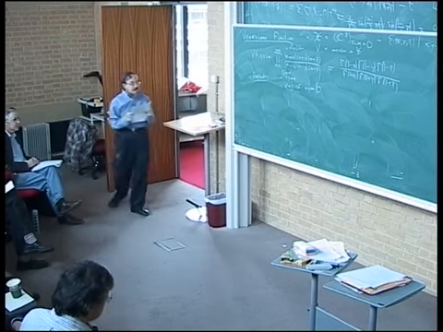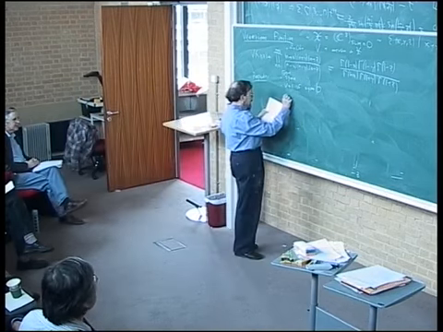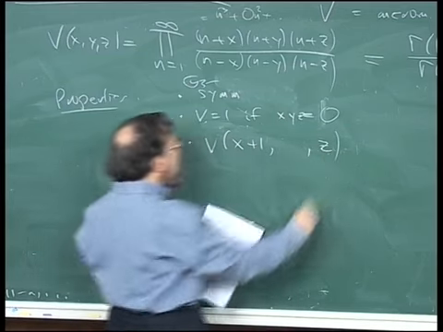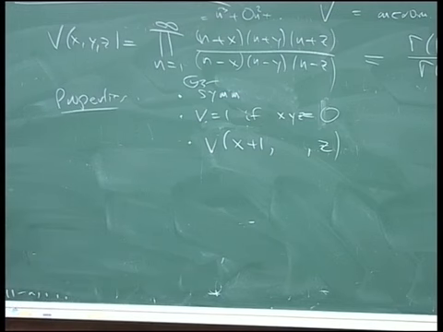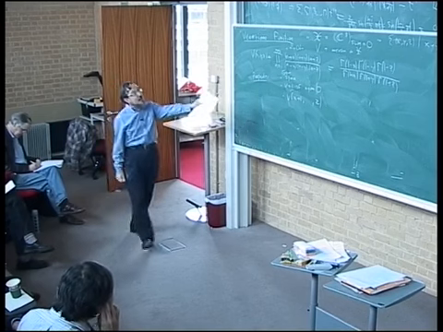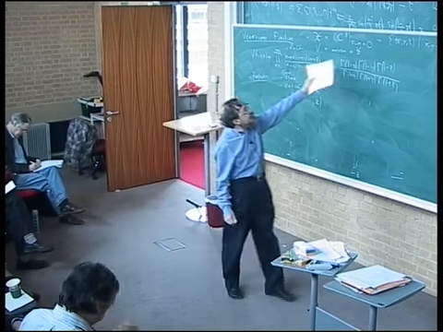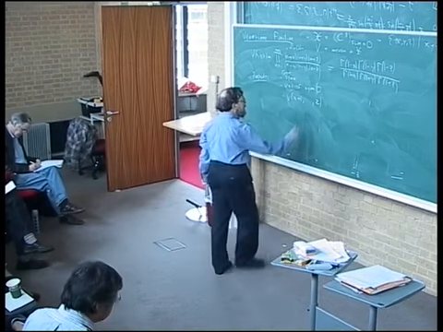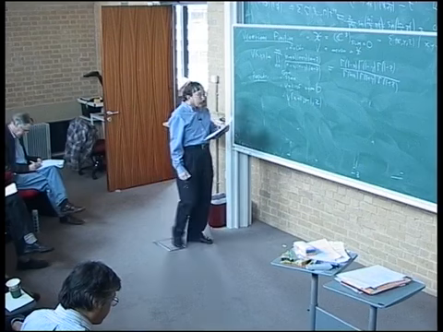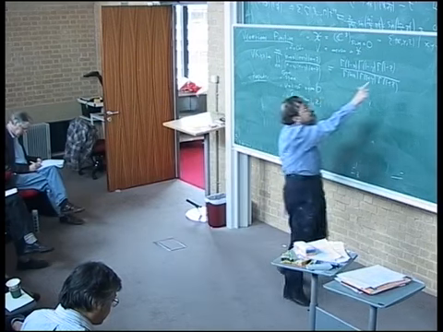That was a misprint. Then another property is there's a functional equation. If I change x to x plus 1, then it changes in a trivial way, because after all, it's a gamma function, except that I'm not allowed to change x by x plus 1, because my function is only defined where the sum of the variables is 0. And so if I increase x by 1, I better decrease y by 1. But then I haven't changed z.